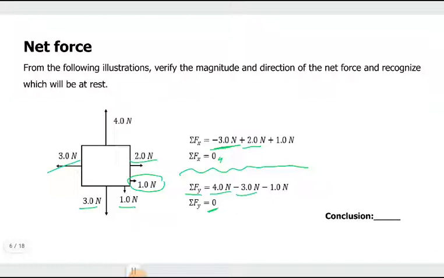All forces are balanced. All the forces cancel out. So the object will not accelerate or move at all in both of the axes, even though there are a lot of forces acting on it.